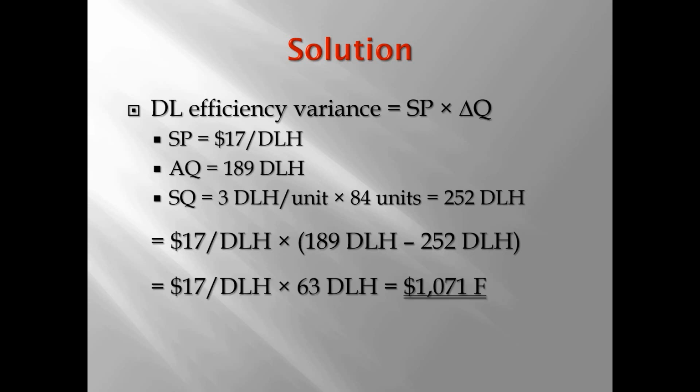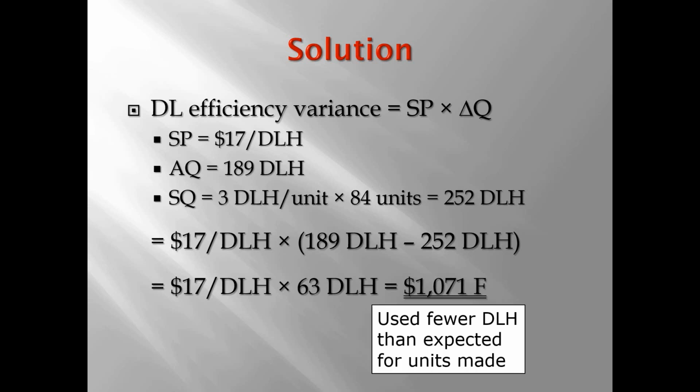It turns out that this reduction in the number of labor hours actually used compared to the number of labor hours that were expected saved the firm $1,071 because the firm used fewer labor hours than expected for the units that it made.